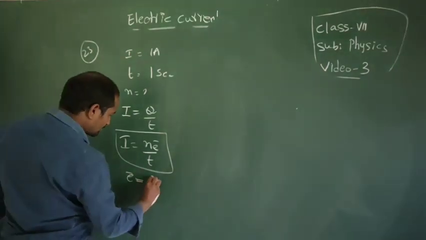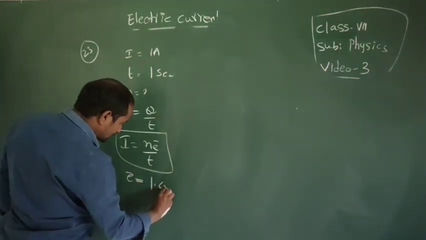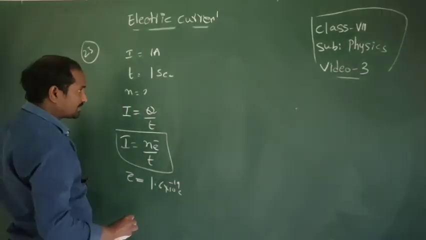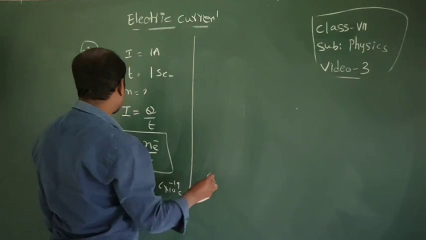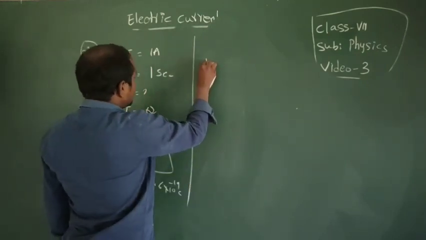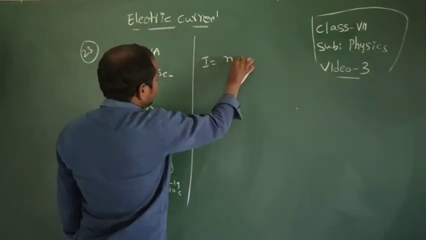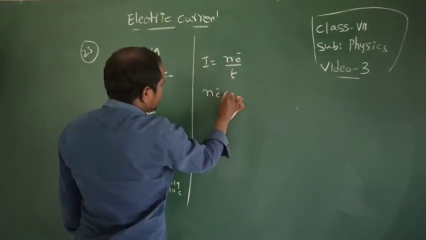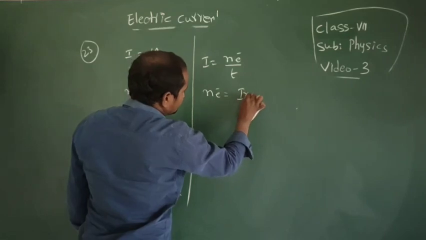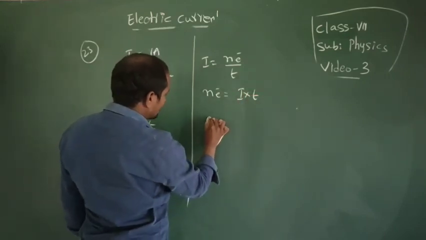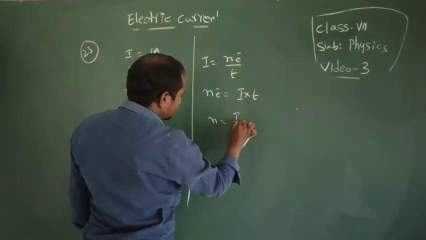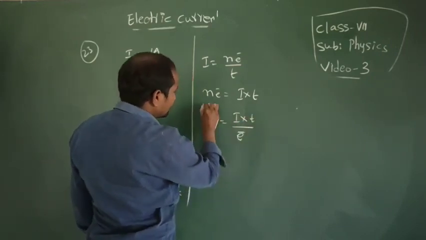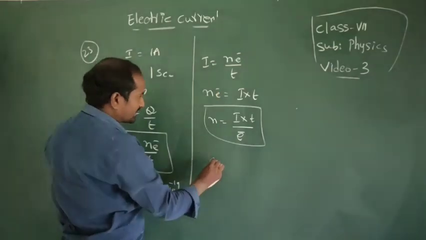Charge on electron equal to 1.6 into 10 power minus 19 C. So here I equal to N e by T. So N e equal to I into T. Therefore N equal to I into T by charge of an electron. It is the formula to find the N.